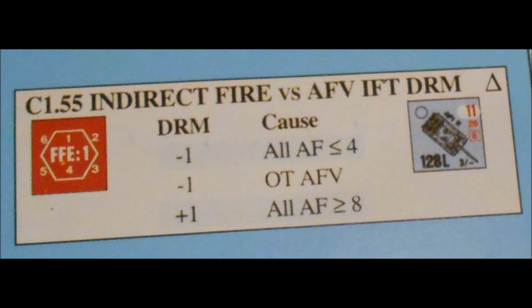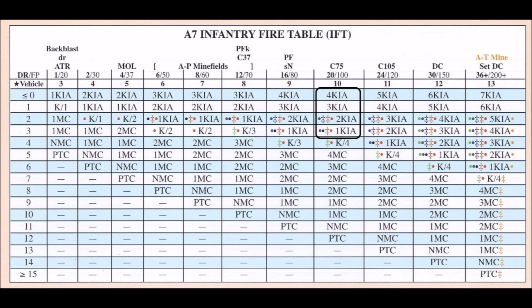The German player rolls on the 20 IFT column against the tank. If he gets a KIA result after all modification, the vehicle is destroyed with normal crew survival possibilities. If it gets a K/number result or 1 greater than the K/number result, it is immobilized on a hull hit and shocked on a turret hit.